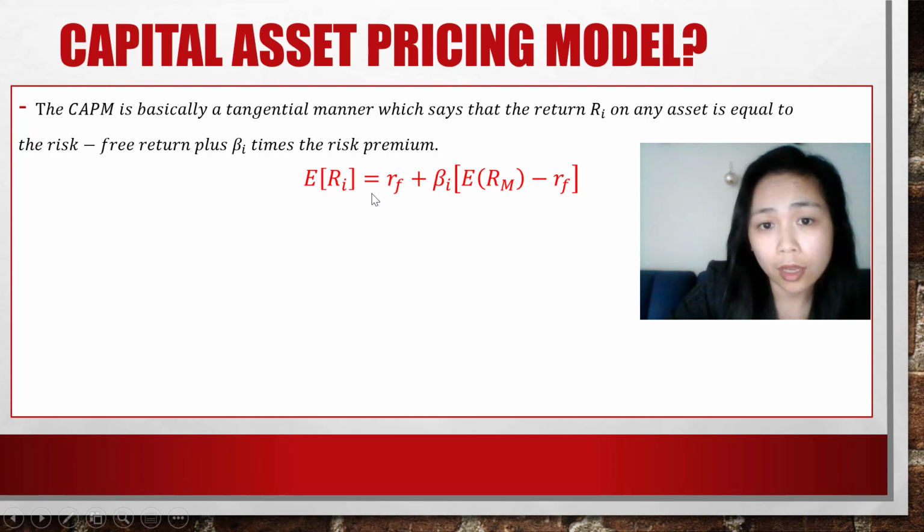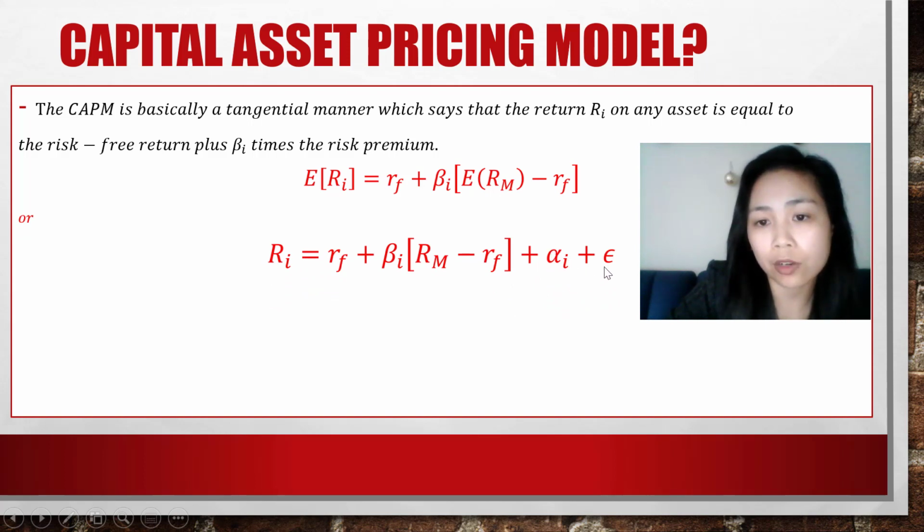However, in real life, expectation and reality are quite different. So the true value of the return RI is actually this quantity plus some error. And there are two types of error here.